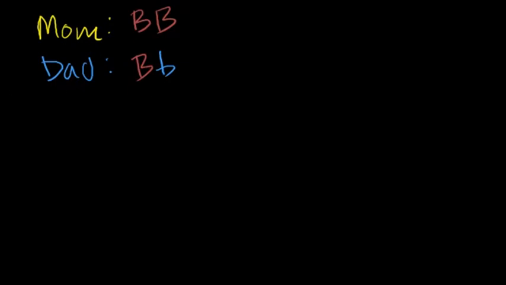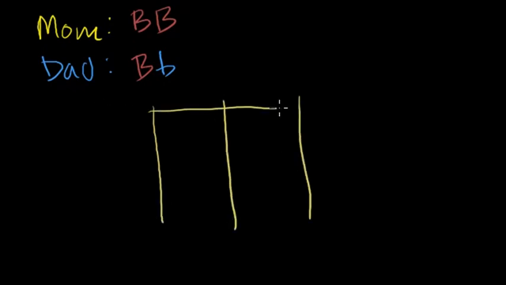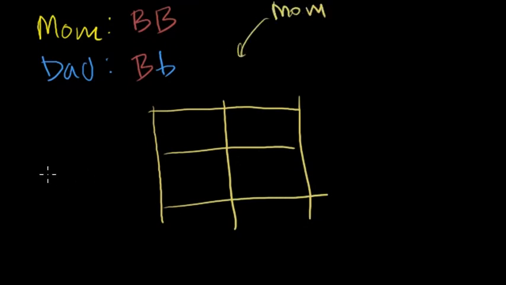So what we do is we draw a Punnett square again. So let me draw a grid right there. And up here we'll write the different alleles that mom can contribute. And here we'll write the different alleles that dad can contribute. All right.